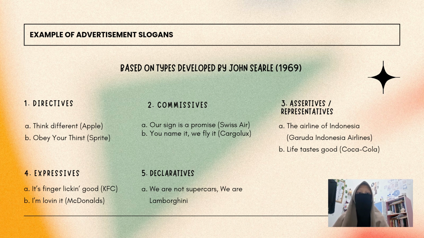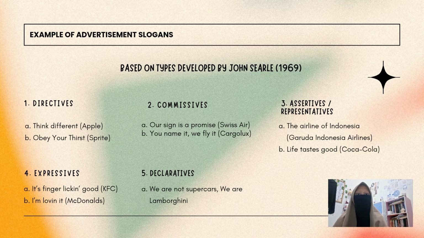The slogan commands or encourages consumers to take action, specifically to satisfy their thirst by choosing Sprite. So the verb obey functions as an imperative, prompting the audience to follow the suggestion or instruction, which aligns with the definition of a directive speech act that aims to make the listeners do something.